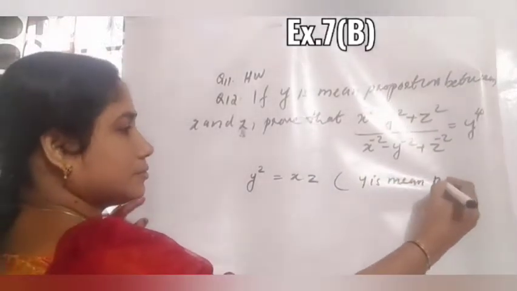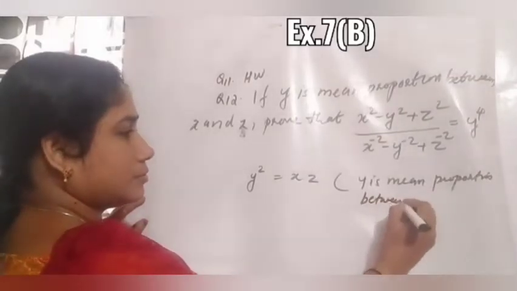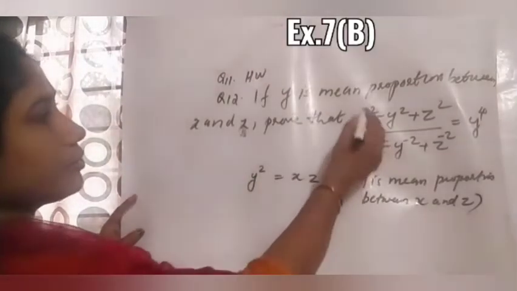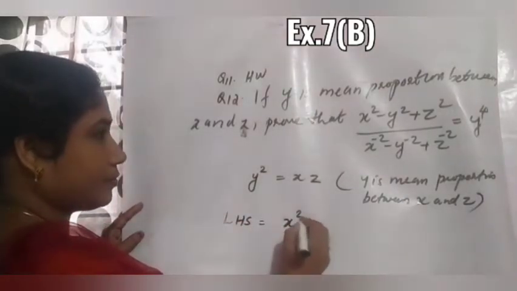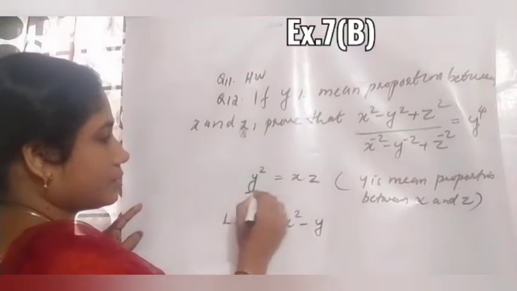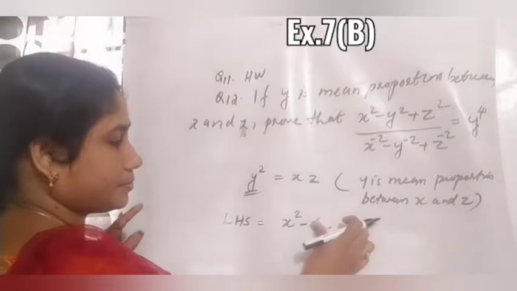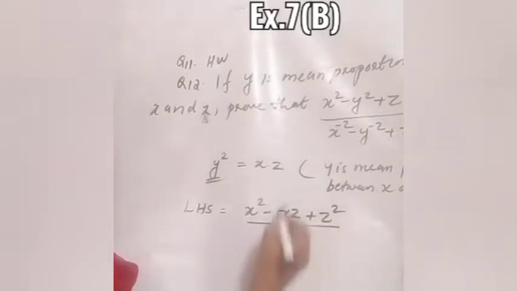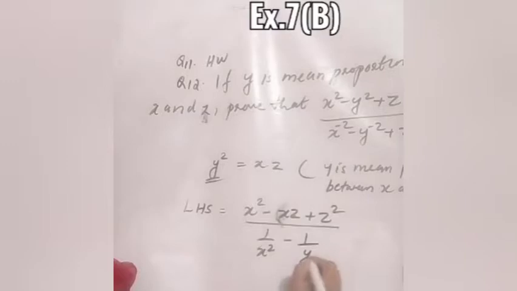Since y is the mean proportion. Let us take the LHS. Here instead of y square, write xz. x raised to minus 2 means 1 by x square, minus 1 by y square, plus 1 by z square.